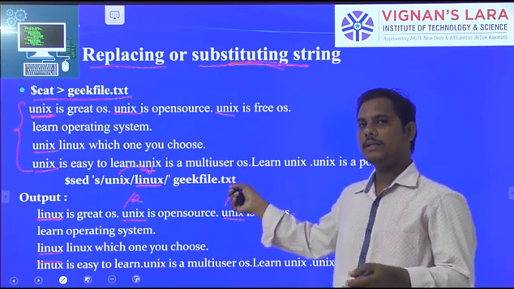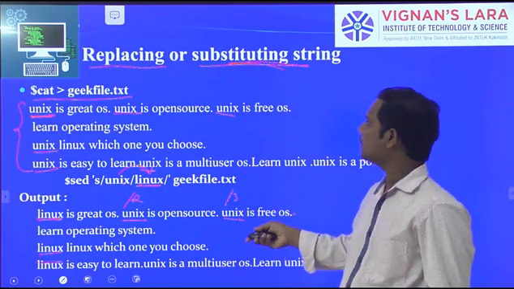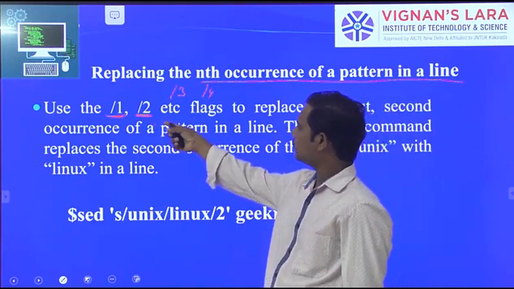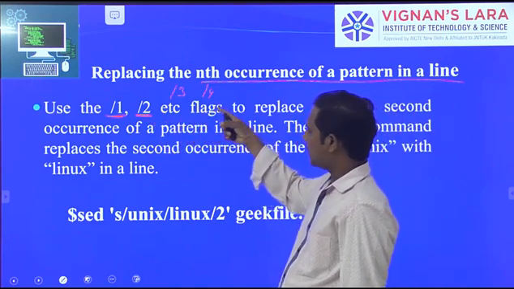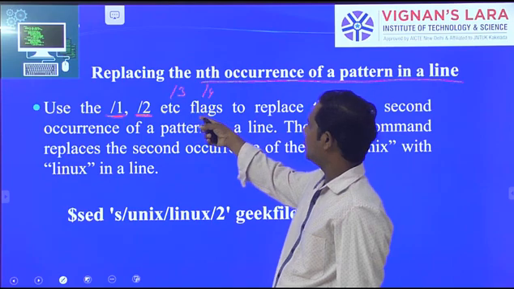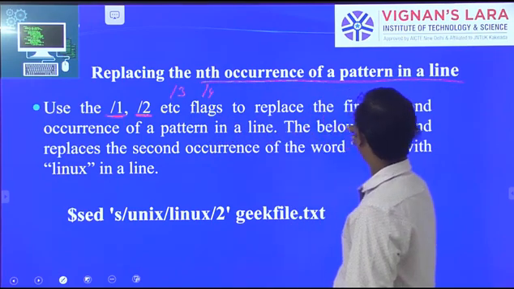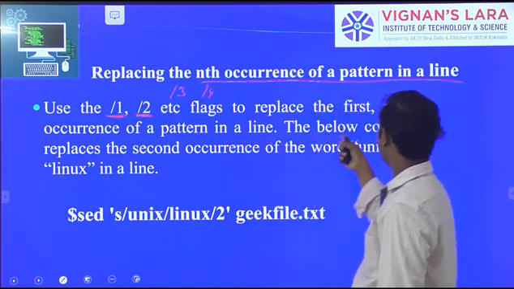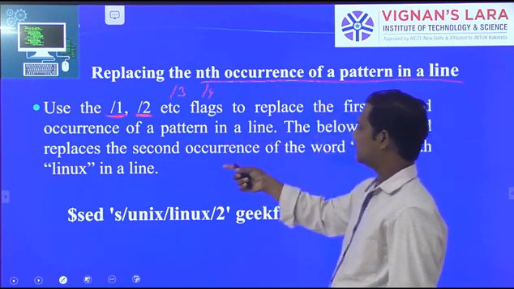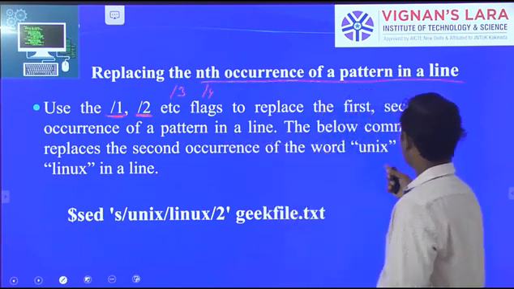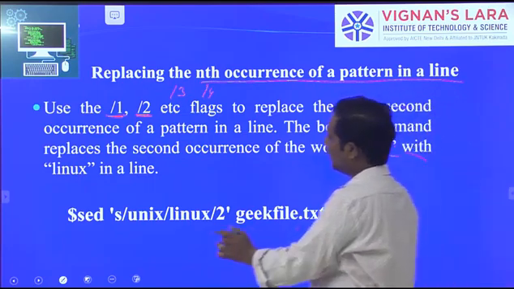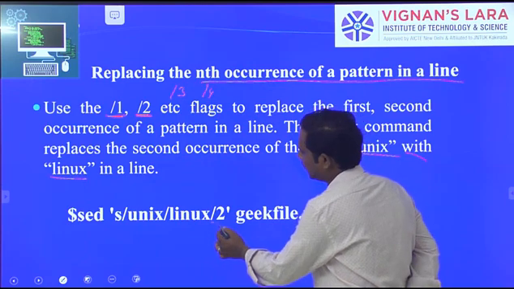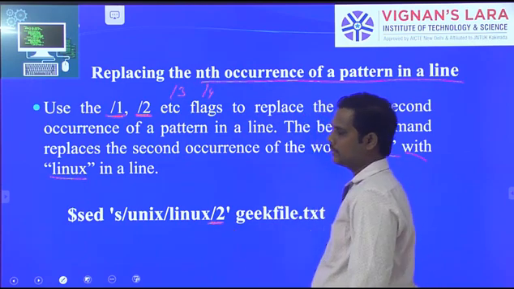So whatever pattern we want, we replace using this command. Use the flags /1, /2, and so on up to /n to replace the first or second occurrence of the pattern in a line. The command below replaces the second occurrence of the word Unix with Linux. See here, I am writing only the second occurrence.